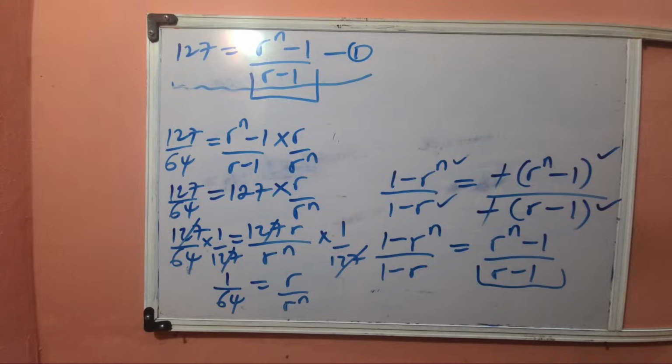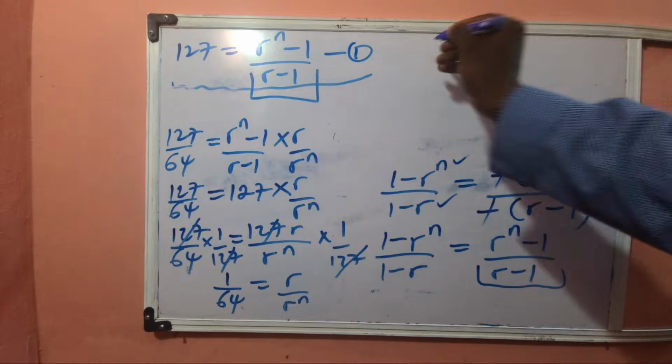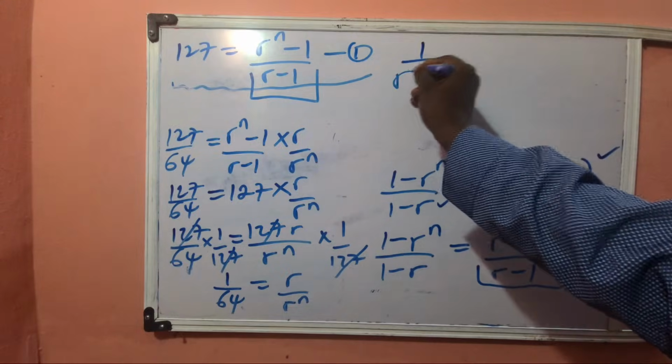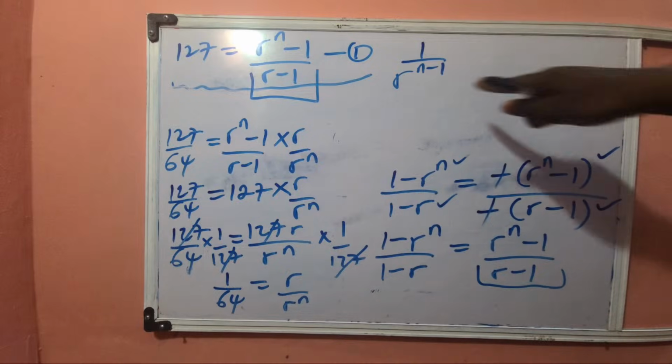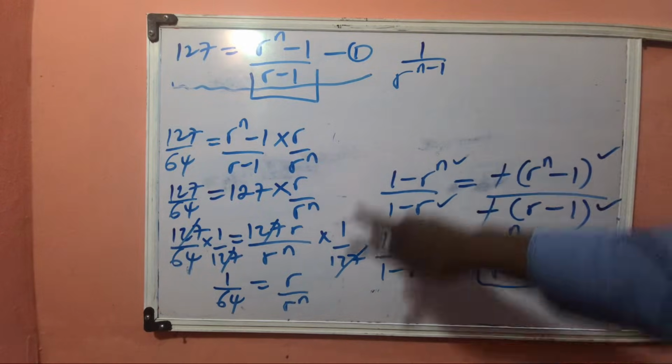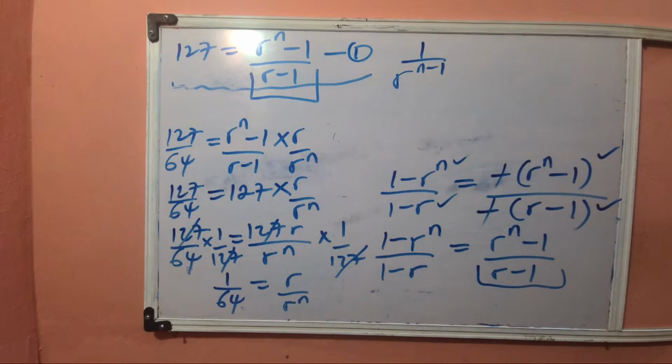R over r raised to power n, for those of you that understand this very well, you will not have any issue with me writing r over r raised to power n as 1 over r raised to power n minus 1. Now, if you go on to express this, what you have here, you will see you will also get this particular value.